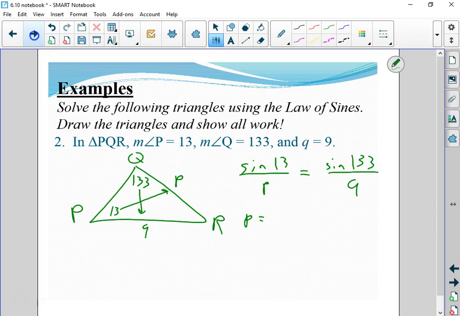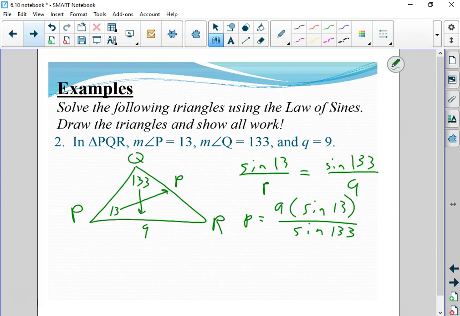So the unknown is equal to 9 times the sine of 13 divided by the sine of 133. While you're taking these notes, it's a good idea to hit pause and actually do this on the calculator and practice the keystrokes.